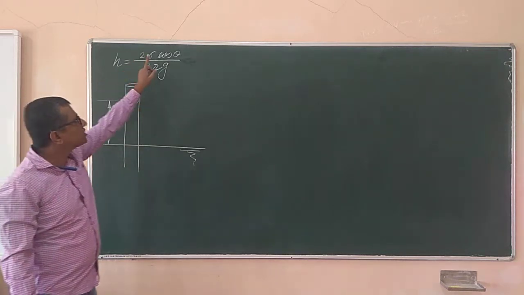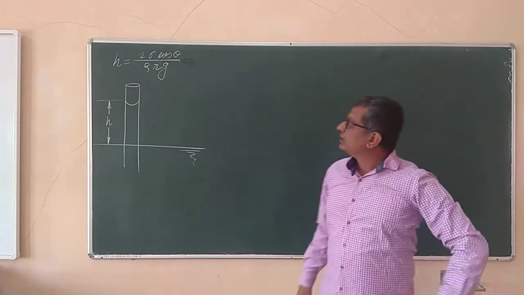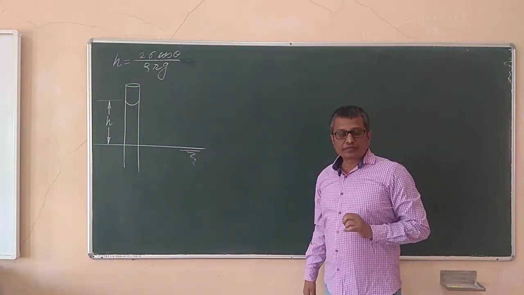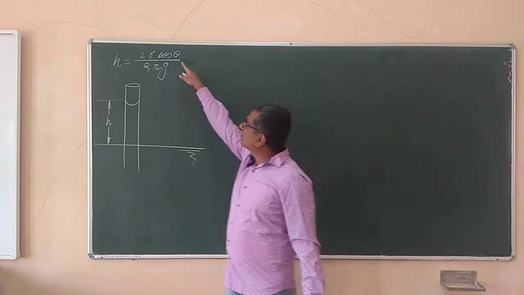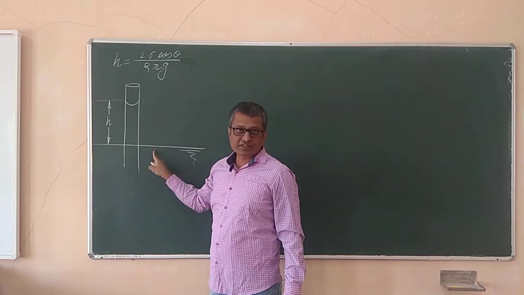H is equal to twice sigma cosine theta divided by rho r g, where sigma is the surface tension of that liquid, theta is the angle of contact for this liquid and solid material interface.